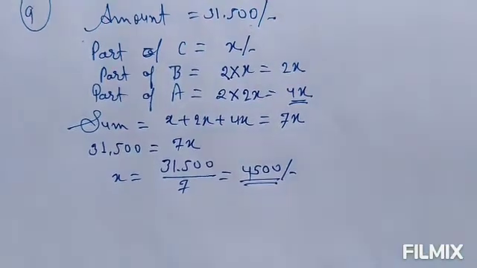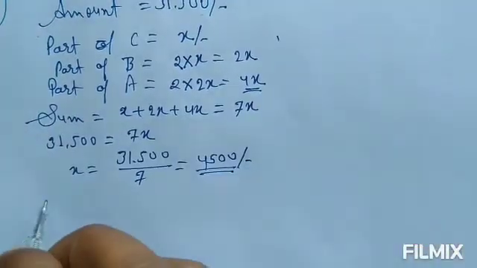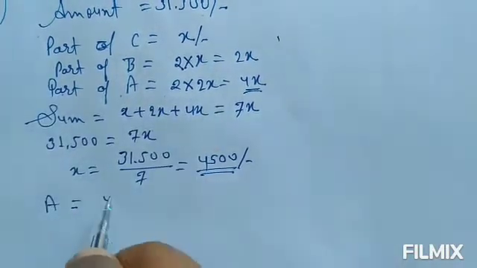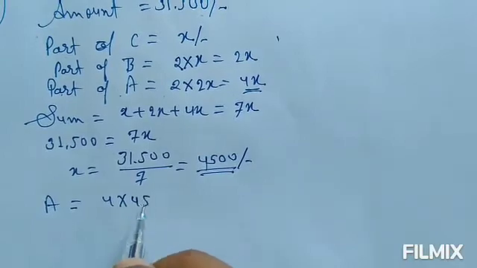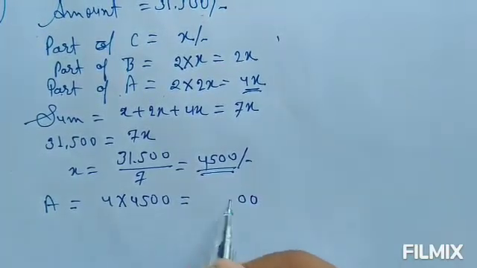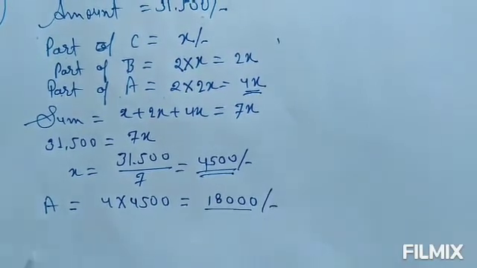Now we have to find out the part of each. So part of A equals 4x, means 4 into 4,500, which is 18,000 rupees.